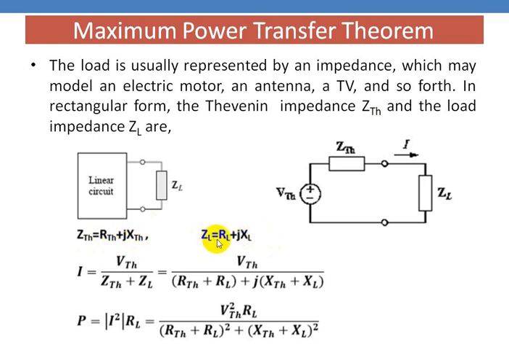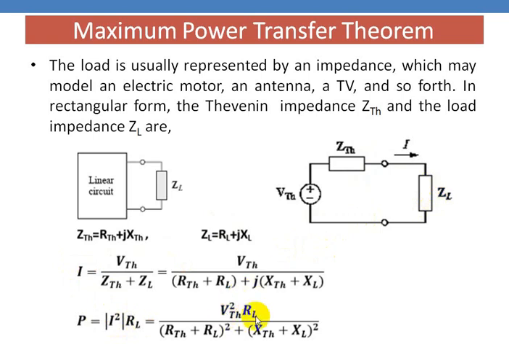Similarly, the load impedance I am writing as RL plus JXL. So now you can find the current in this. I will be VTH divided by the total impedance of the circuit, ZTH plus ZL. So now you can write the equation for power. Power is the magnitude of I squared multiplied by the resistance RL.